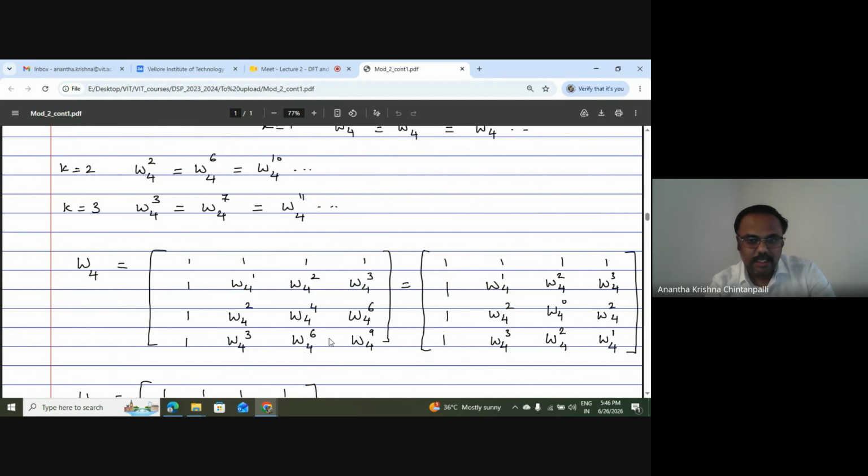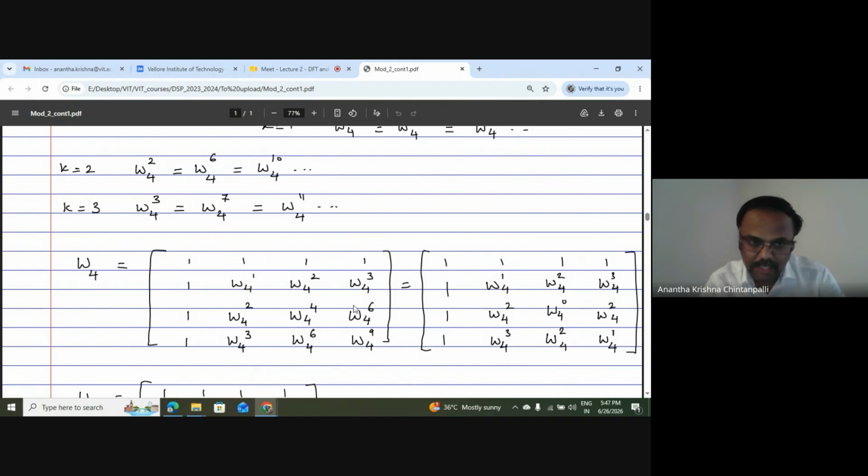I cannot do this. This becomes minus 4, which is 2. And then this is minus 4, this is 5. Again minus 4, you do, this becomes 1. So that means that I only need to compute 1, 2, and 3 values. I don't need to compute the other values.